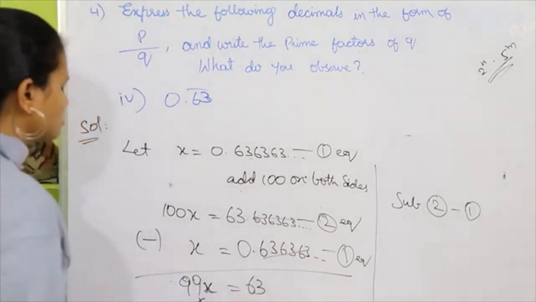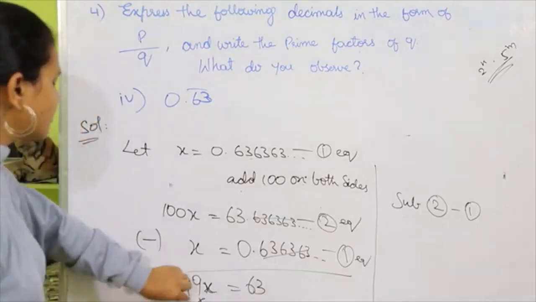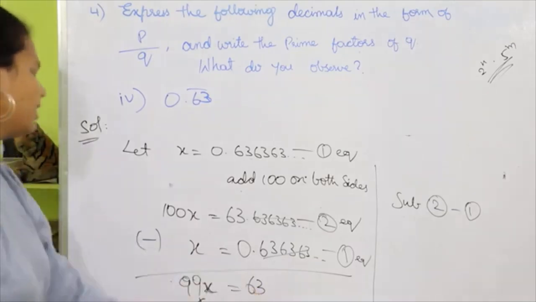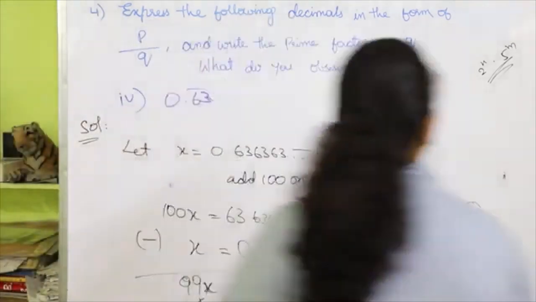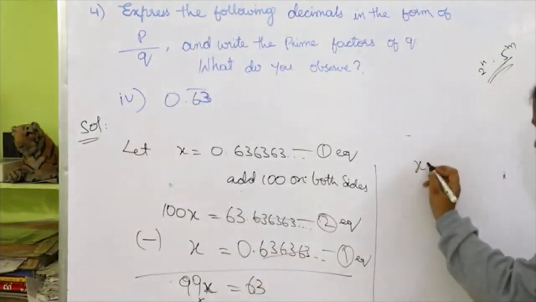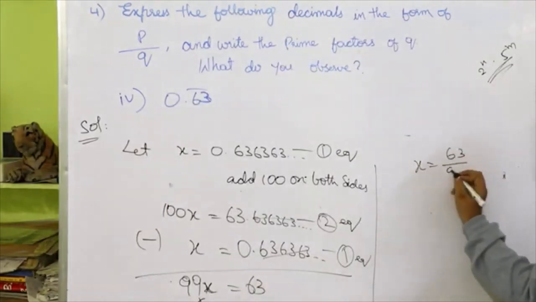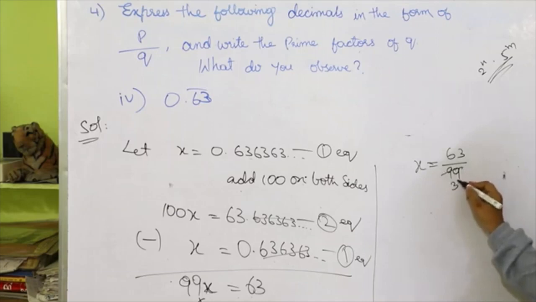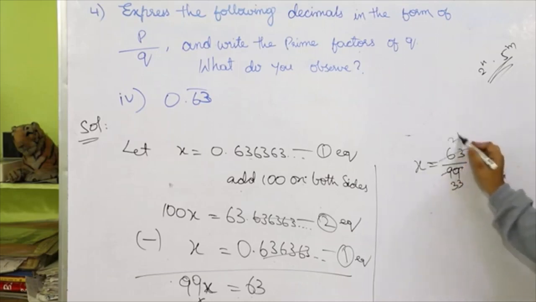So you take this 99 to the other side and it becomes divided. So x equals 63 by 99. Going back to the 3 table: 3 nines are 27, so we divide by 3 again.